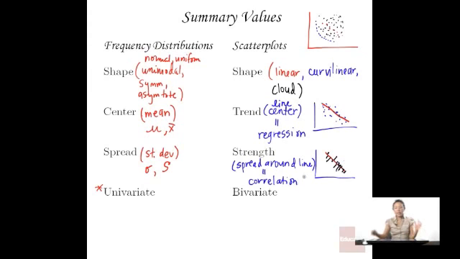And so if it's very strong, it means that it hugs that line really closely. So that's a strong correlation where it hugs it closely. A weak correlation means it's hazy, like it's very far out and spread out from that line. And a moderate correlation is there's a little bit of spread, but not too much.